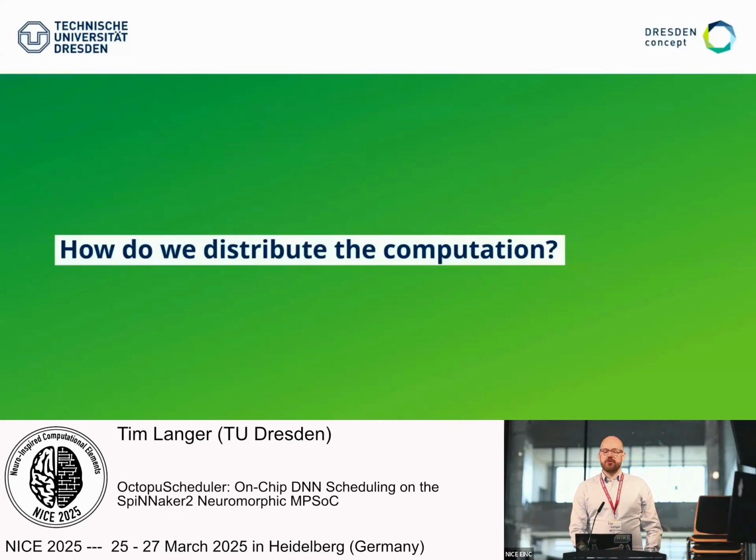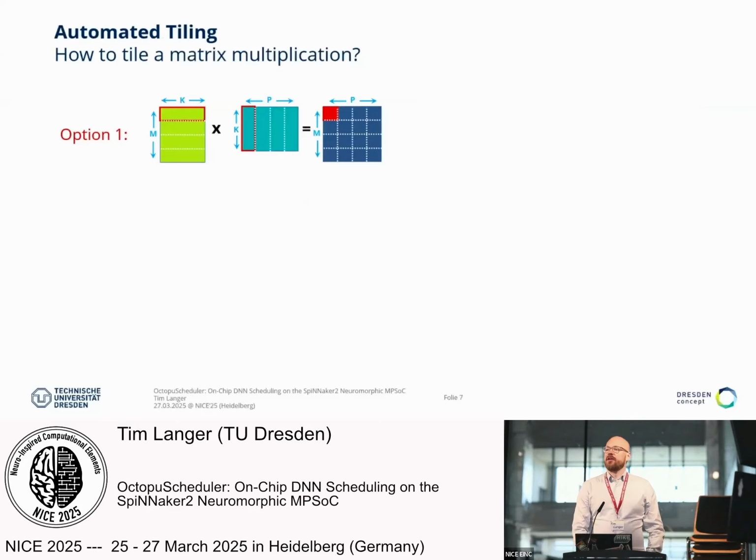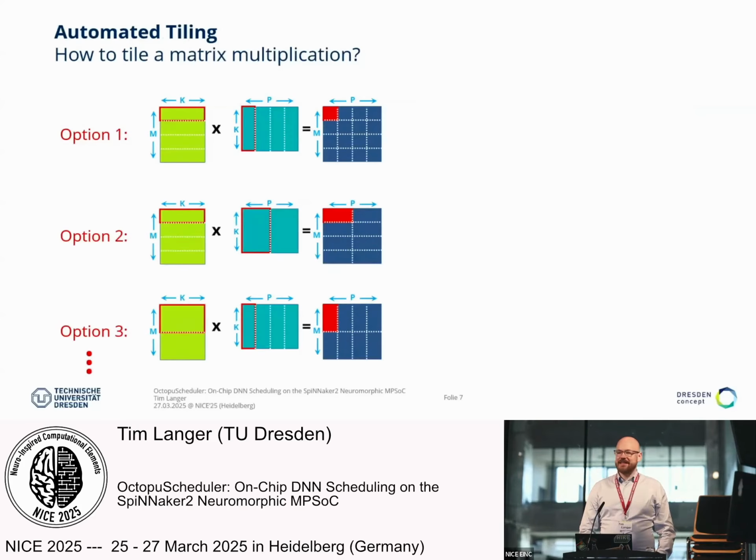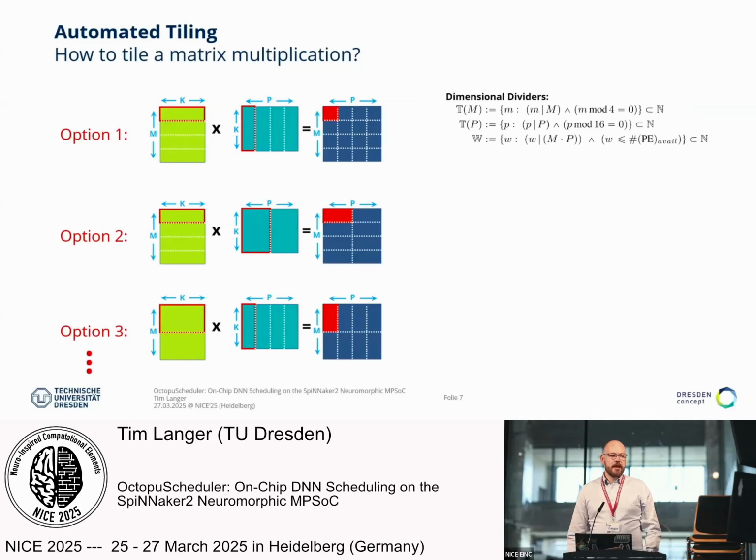And now the question, how do we actually distribute the computation? So this leads us back to tiling. How can we actually do this? As you can imagine, there's a large number of possibilities for how you can tile such an operation. And this leads us to a large tiling space. And the question is now, which configuration do we select for the implementation on the chip? And what we came up with is we are basically looking at a list of dividers of the input dimensions.